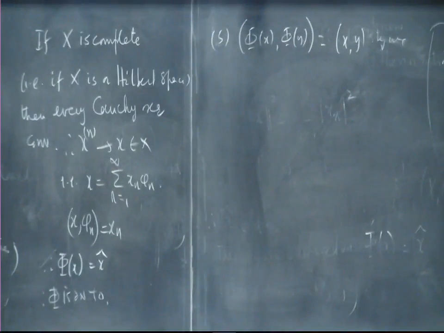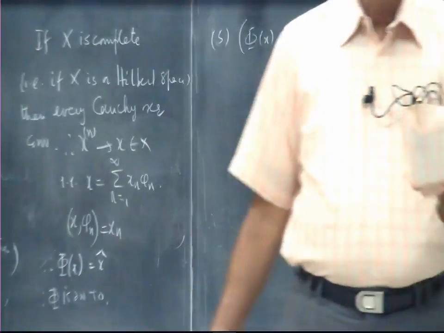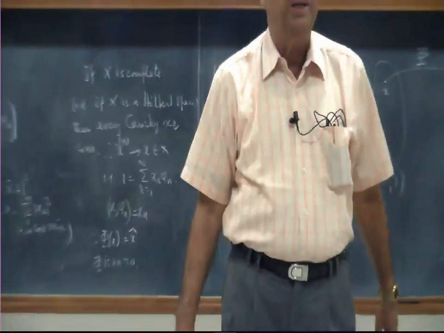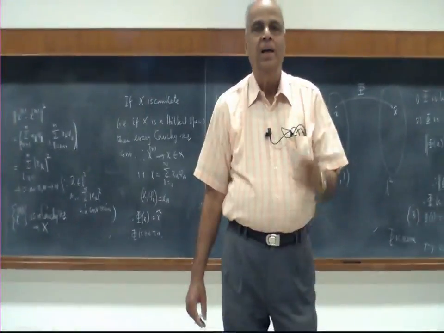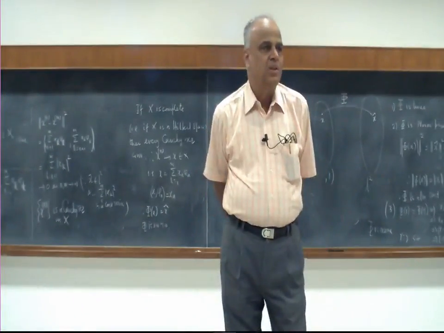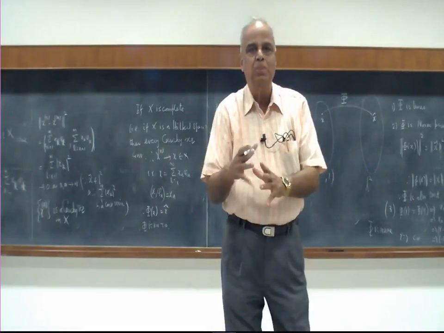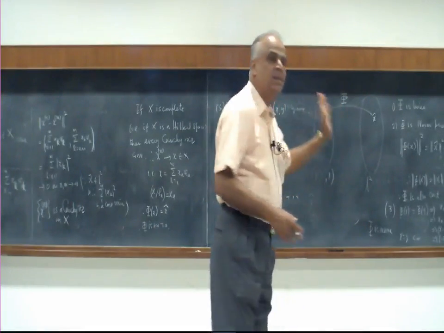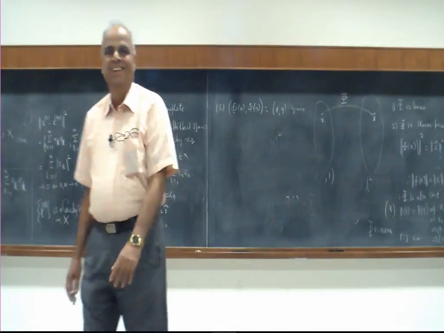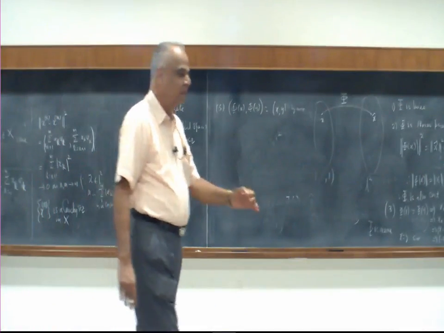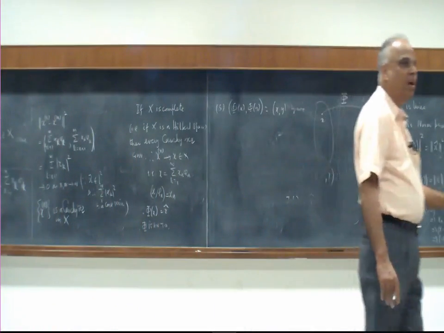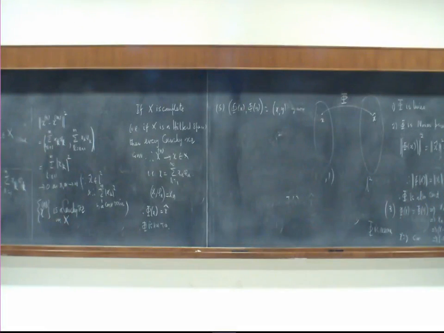So, what does that say? Actually, there is only one Hilbert space with a complete orthonormal sequence. All other Hilbert spaces are the same Hilbert space written in a different language. So, there is only one concrete model of a Hilbert space with a complete orthonormal sequence.